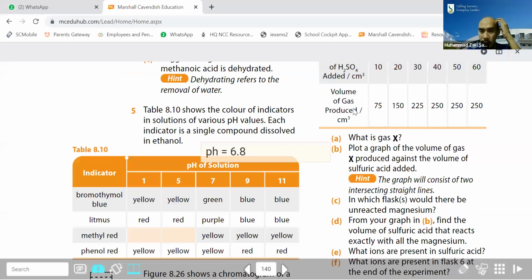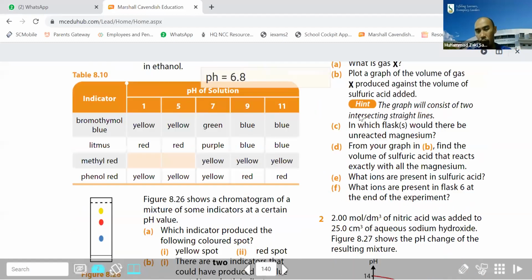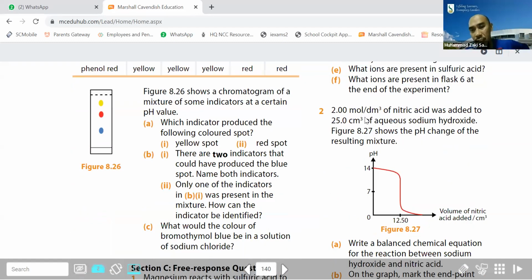Okay, number 2, you see this 2 mole per dm cube of H3. You will learn it in the next chapter. This is the concentration, right? So you see when you add, initially you have a solution with a very high pH, which is alkaline.